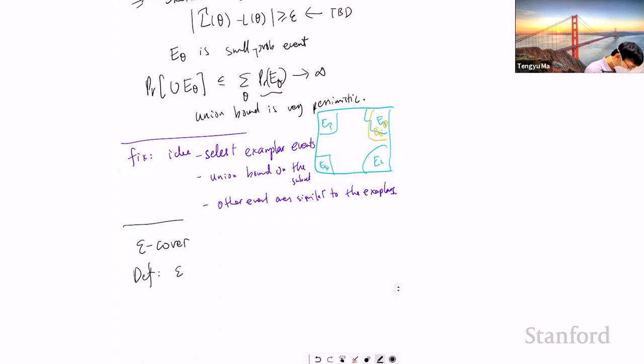So epsilon net, sometimes it's called epsilon cover, of a set S, and here S corresponds to the family of all models you care about.